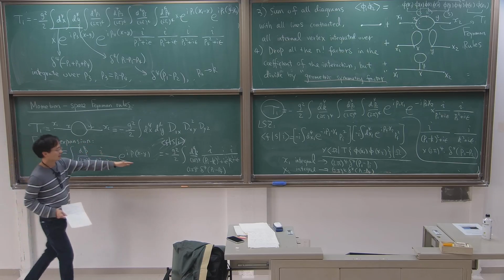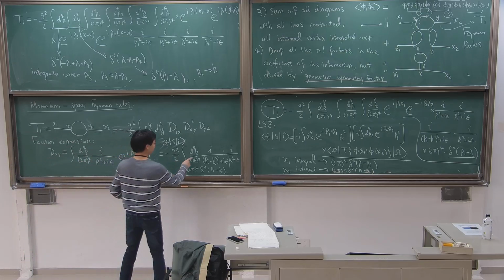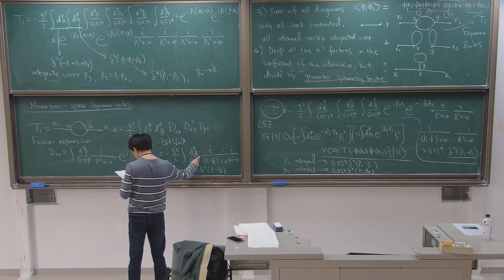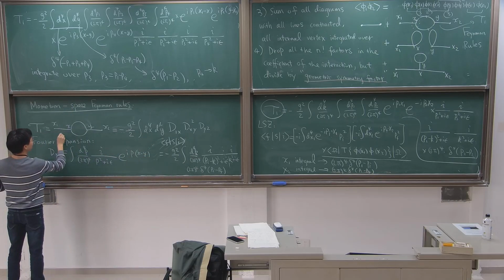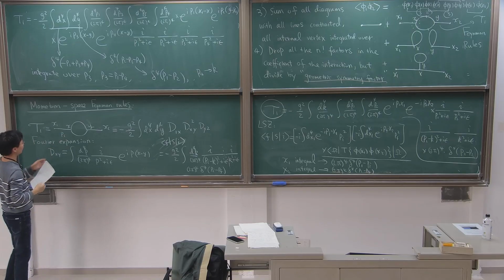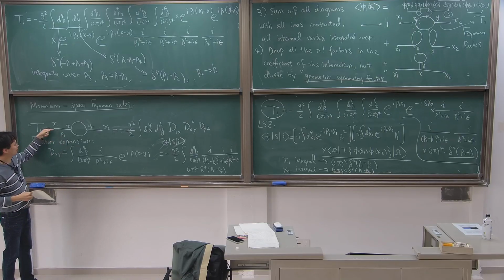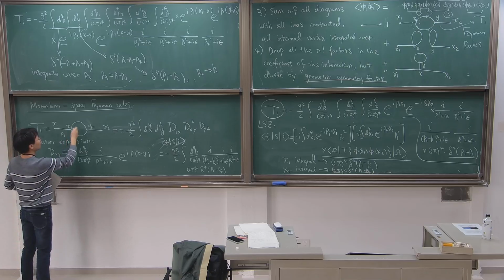You see? Simply, this means there's a k integral. For instance, there's a Pi input momentum, let's say coming this way. Now it is split into two.